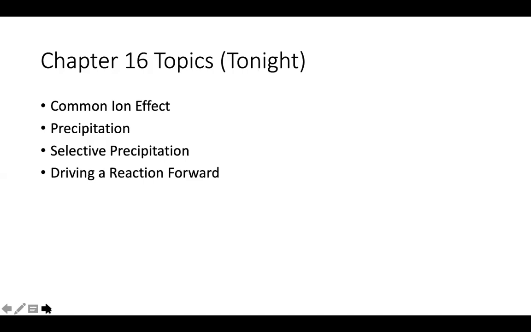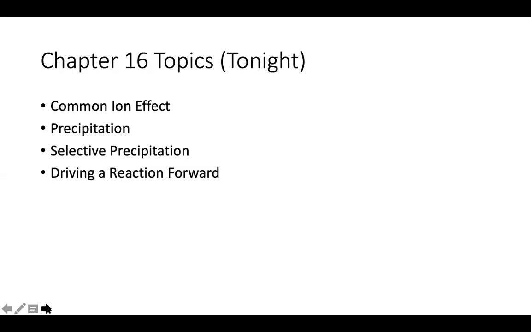This slide is talking about what we will look at. We'll start off looking at the common ion effect and how that plays a role in this chapter. We'll look at precipitation. That fourth problem touched on it, but we'll describe how we know if a precipitate will form or if more solid can continue to dissolve.